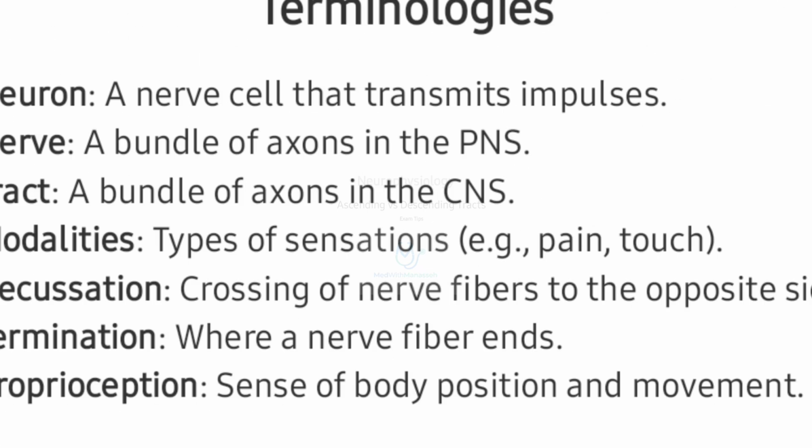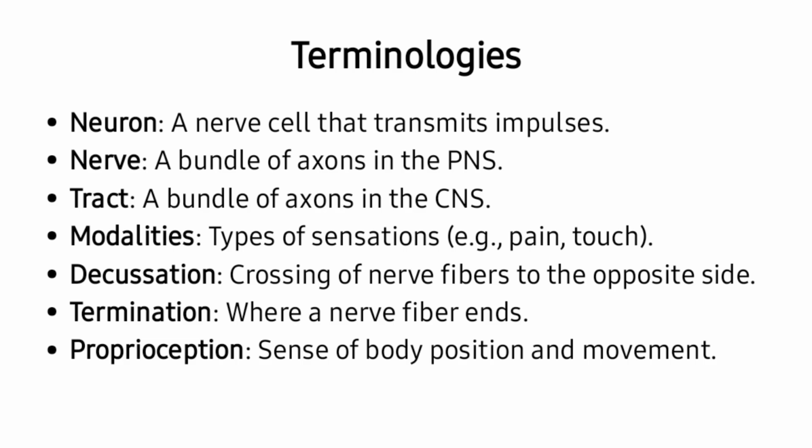So quickly, I want us to look at the terminologies that we'll be focusing on as we dive deeper into this topic. In order for you to understand the ascending and descending tracts, there are basic terminologies that you have to know about. Terminology such as neuron, which is just a nerve cell that transmits impulses.